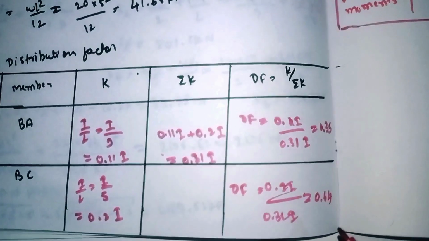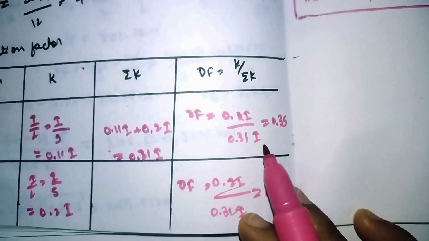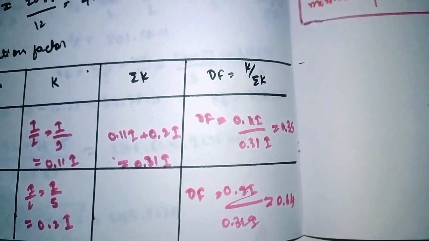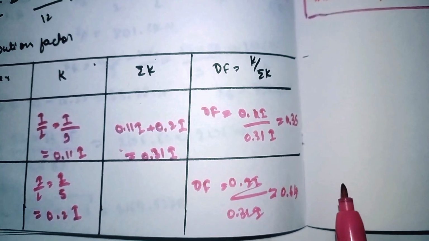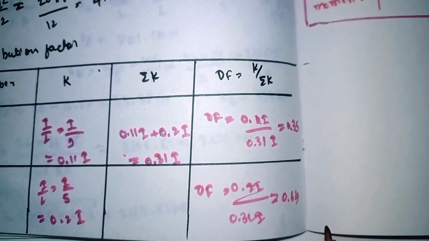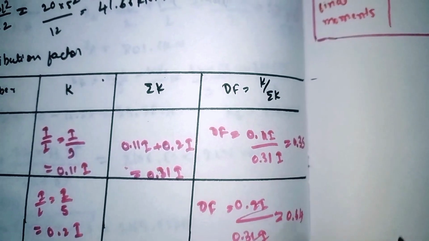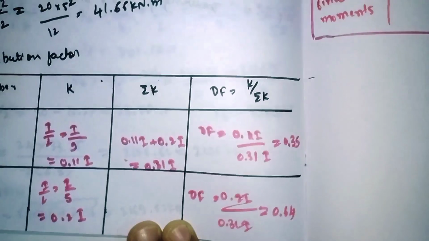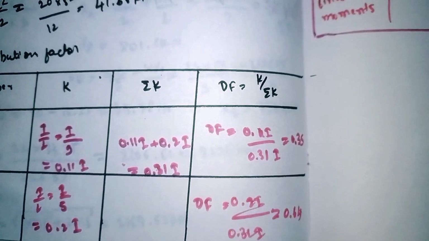You have to remember one more thing here. When we add this 0.35 and 0.64, the summation should be equal to 1. It should not be greater than 1 or less than 1. 0.99 is okay, and in our problem the summation of 0.35 and 0.64 is coming 0.99.